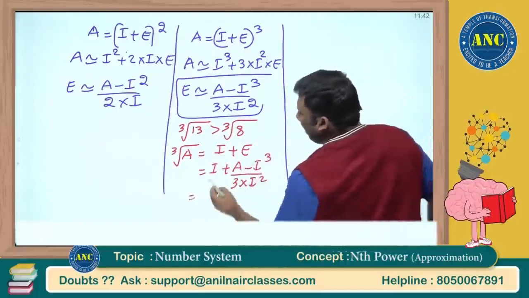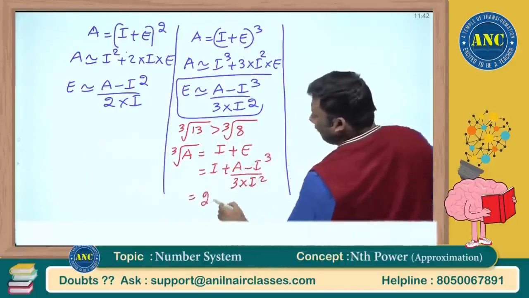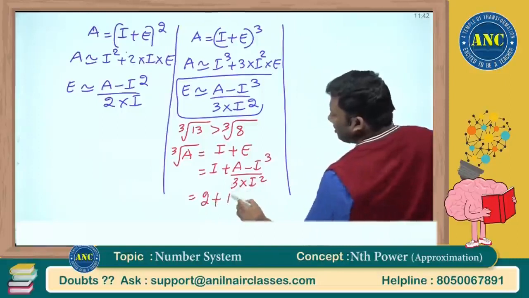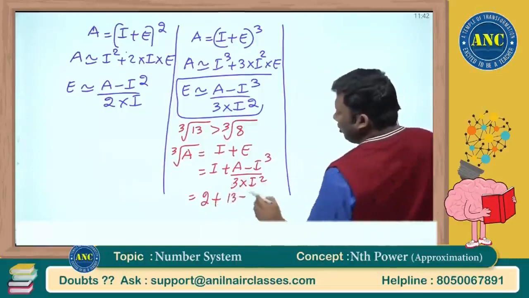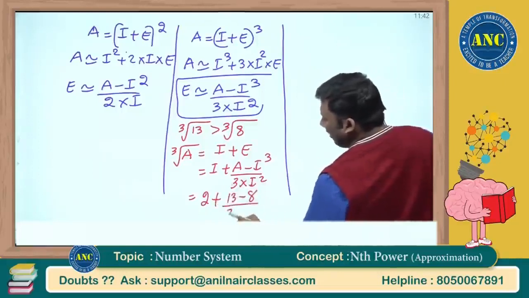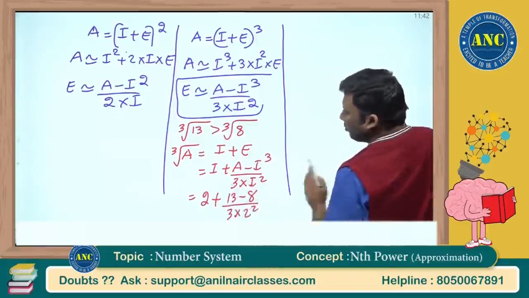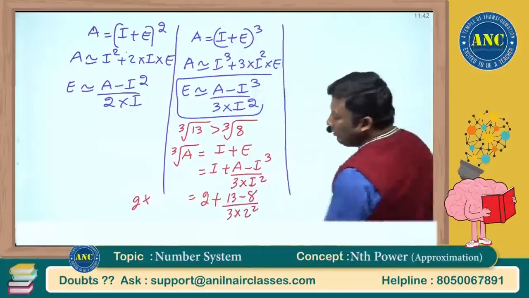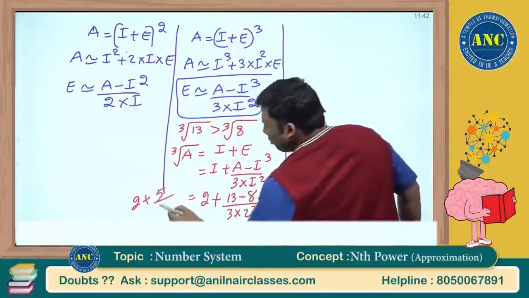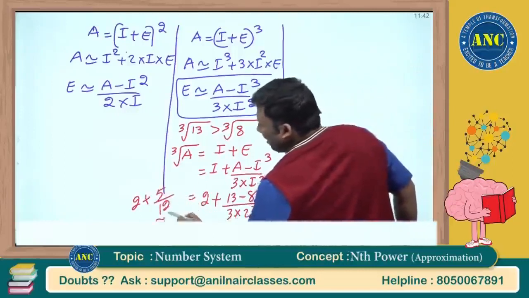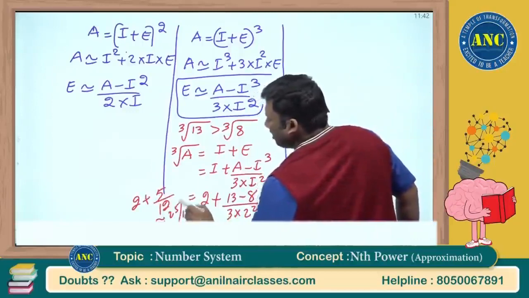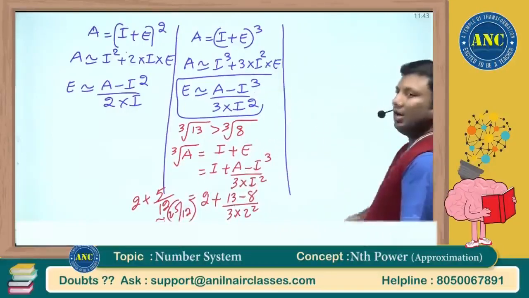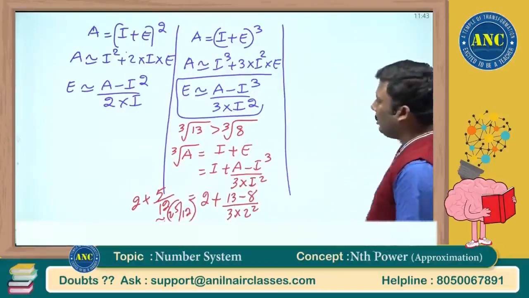I is the cube root of 8, which is 2. This is 13 minus 2 cube, which is 8, divided by 3 into 2 square. So the answer for this question is 2 plus 5 by 12, since 4 threes are 12. Approximately 2 5 by 12, this is the answer.